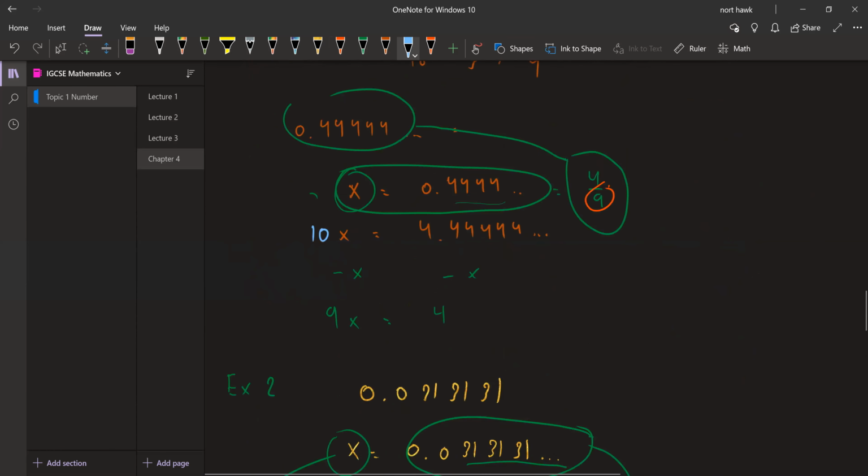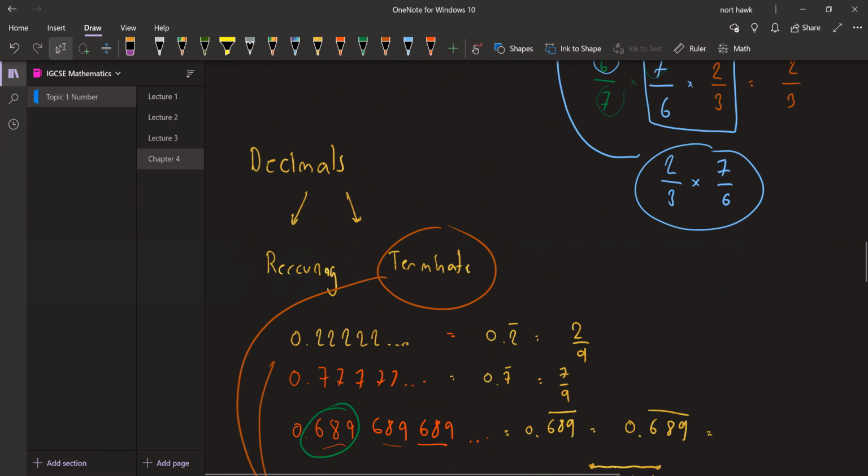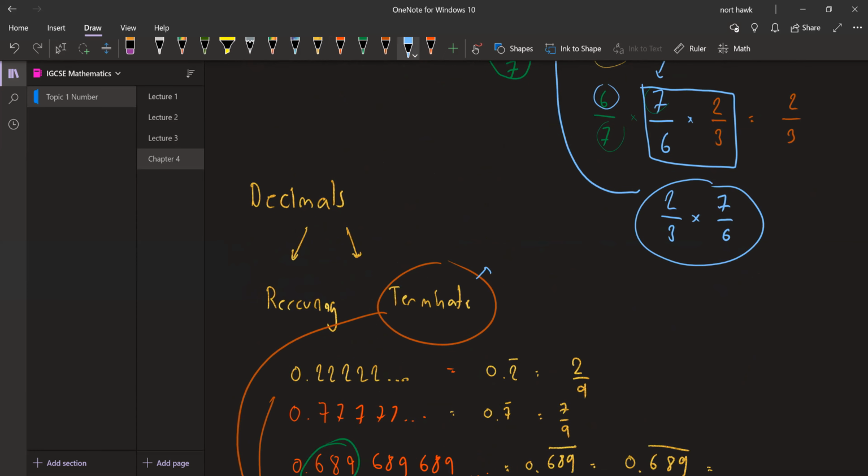And for terminating decimals, which means something that does not repeat, like 0.25, right? It terminates, it stops there, or 0.8976, or something that might seem to repeat but doesn't really repeat, like 0.89898965. It might seem to repeat, but it does not.